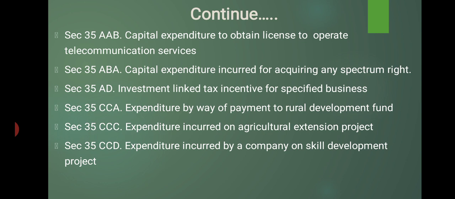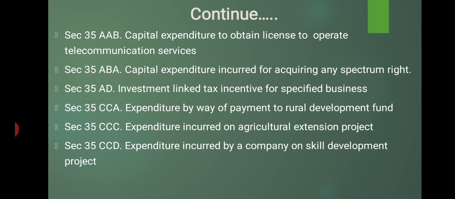The next one is expenditure by way of payment to rural development funds. Any amount donated to the national fund for rural development, or the payment of any sum to the national urban poverty eradication fund, is fully allowed as a deduction in this respect.